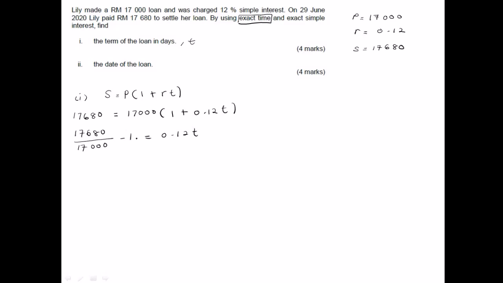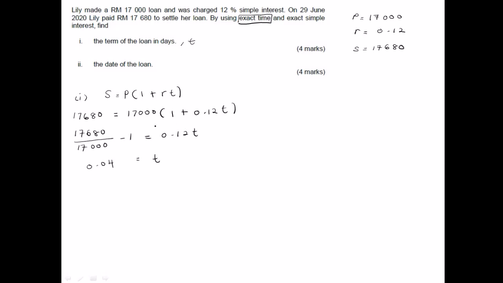Okay, solve this part. 17680 divided by 17000, you should get 1.04. And then minus 1, we get 0.04.